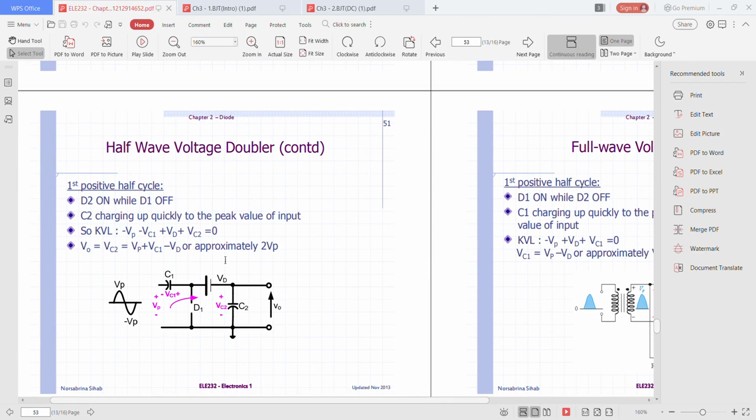So here, as you can see, this is during the positive half cycle.